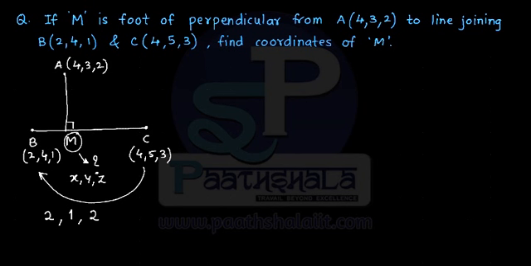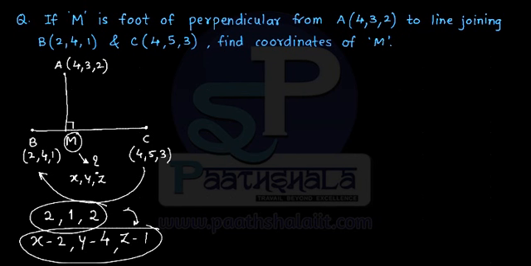So therefore we have the direction ratios as 2, 1 and 2. But we can also calculate the direction ratios considering the points B and M, because they also lie on the same line. So the direction ratios can be written as x minus 2, y minus 4 and z minus 1. And since both the sets refer to the same line, they must be in proportion.